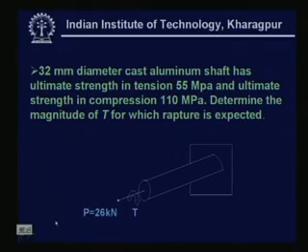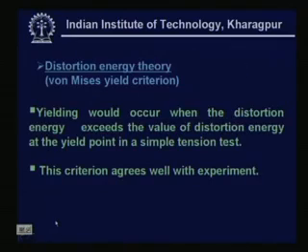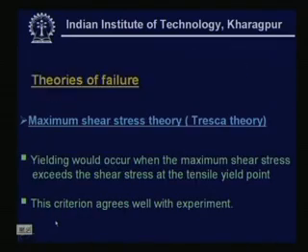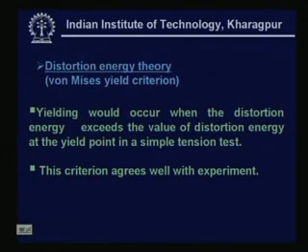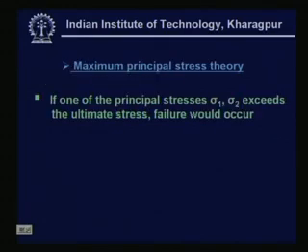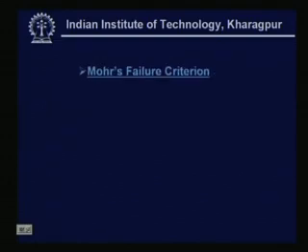That means these four theories: the maximum shear stress theory, the Tresca theory, and the distortion energy theory are both for ductile materials. Then next comes the maximum principal stress theory, and then we find the Mohr failure criteria.